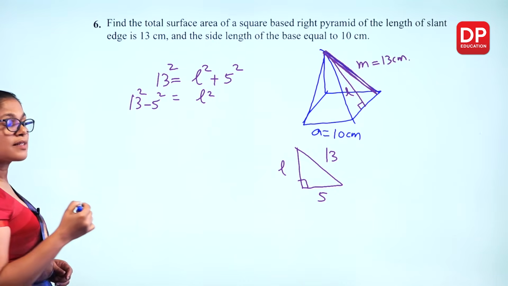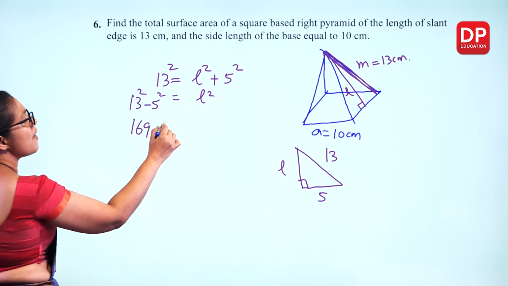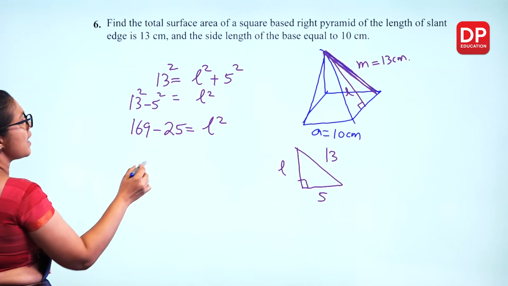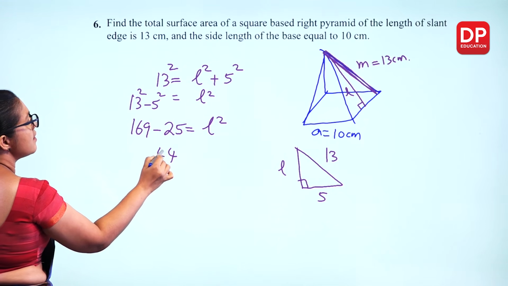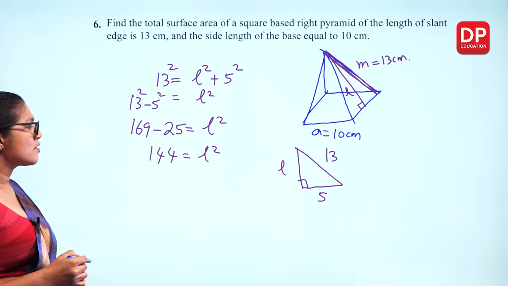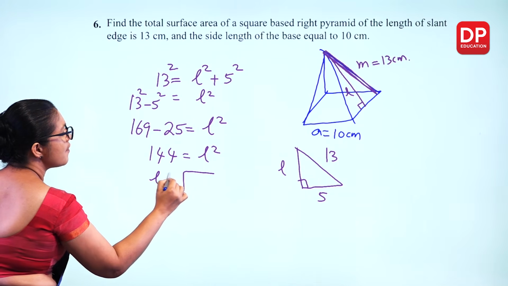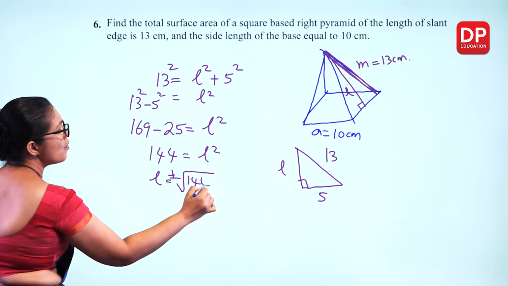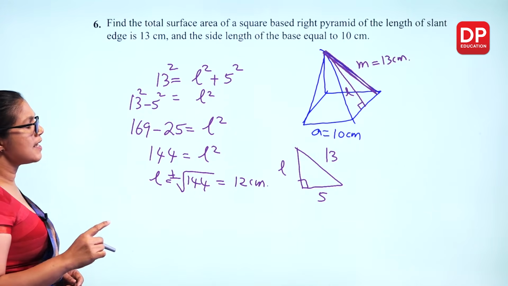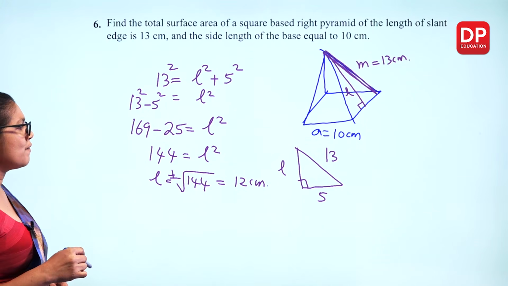What is 13 times 13? 169. 5 times 5, 25. When you subtract these two, what do you get? 144. 144 is the square of 12. So when you take the square root of 144, you get 12 centimeters. So 12 centimeters is the perpendicular height of the triangular face.